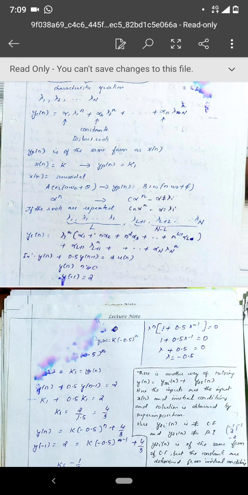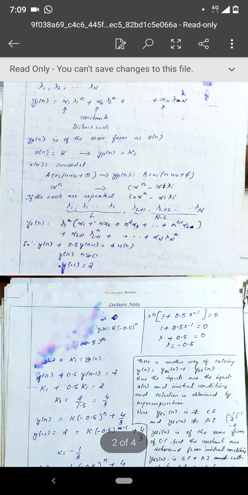So the total number of roots does not change, but the root lambda 1 is repeating L number of times. After that, the next root will be lambda L plus 1, the next root will be lambda L plus 2, and finally the last root will be lambda capital N. Totally capital N number of roots should be there, because the order of that equation is capital N.